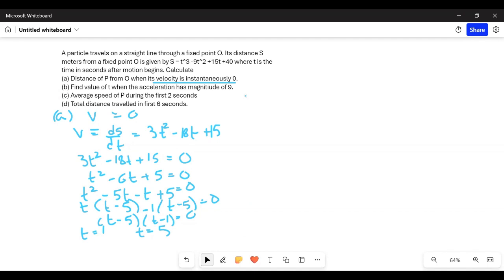Okay, so let's find the displacement for both the times.